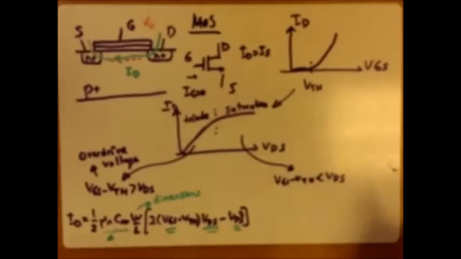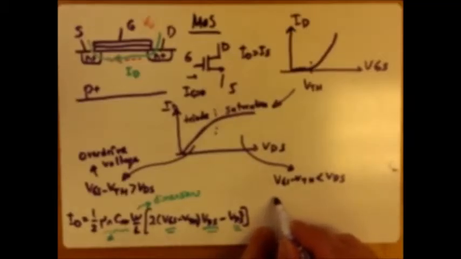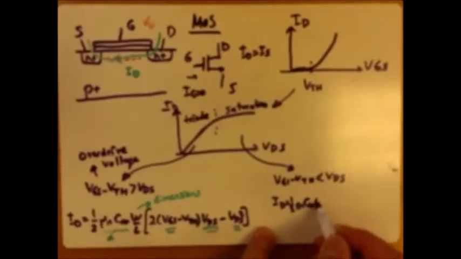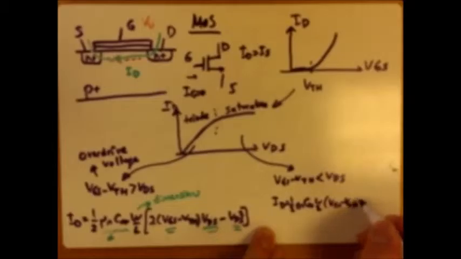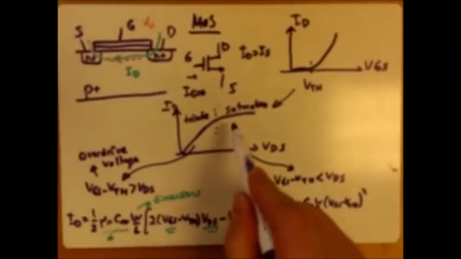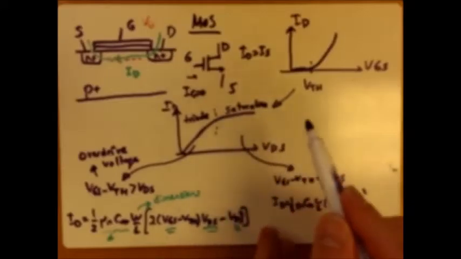So in saturation, you would have mostly the VGS dependence, so there's not much drain source voltage dependence.